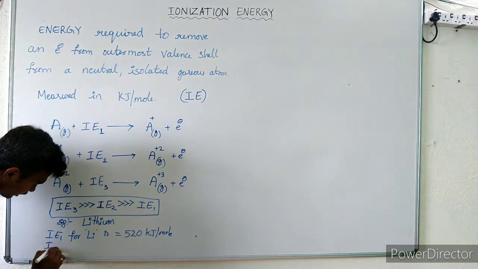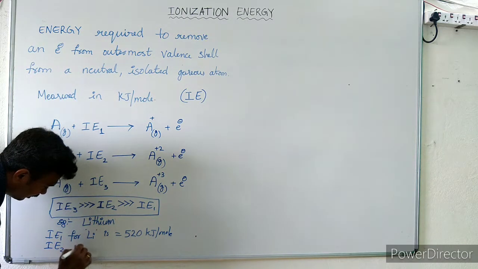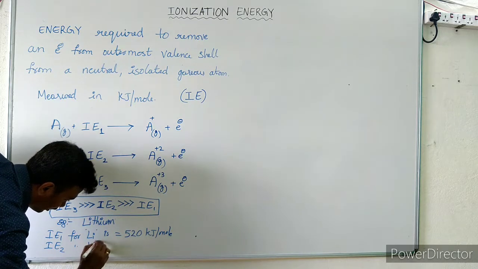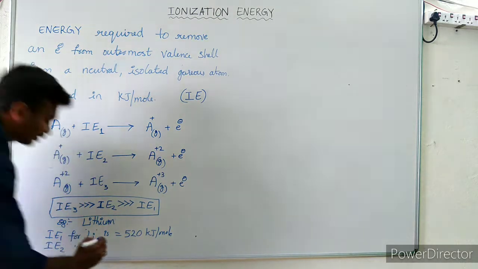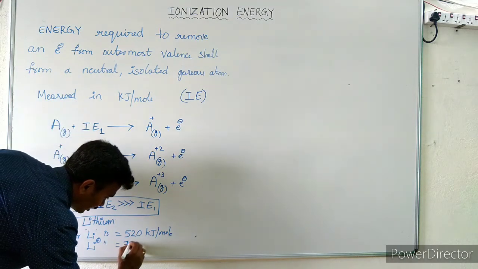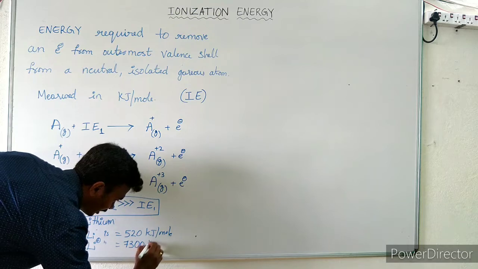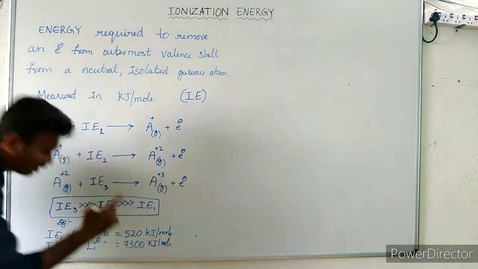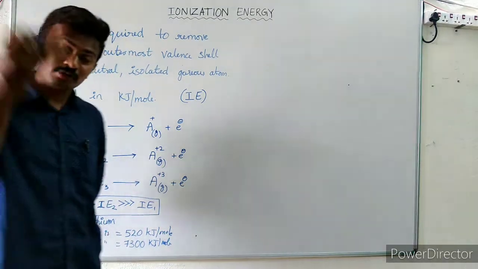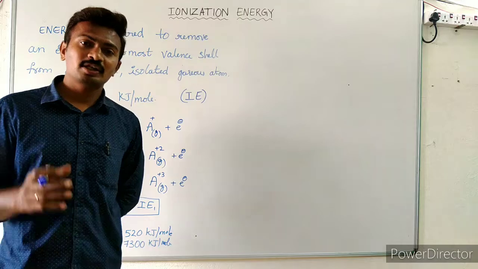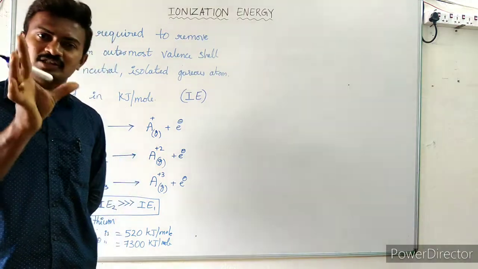Whereas the second ionization energy for Li plus, see, by removing one electron, lithium will be converted into Li plus, is 7,300 kilojoules per mole. See, there is a great difference here. 520 to 7,300, almost 6,800 kilojoules of energy difference.